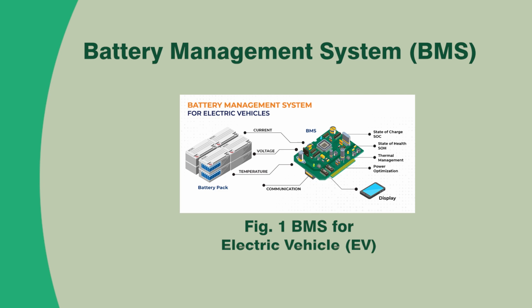Also we can measure the state of health of the battery, and according to the different electrical and thermal parameters we can do the thermal management in the BMS. Also this BMS has a communication protocol like CAN, so that we can communicate with other peripherals such as the display system, the battery chargers, and our load like the EV.